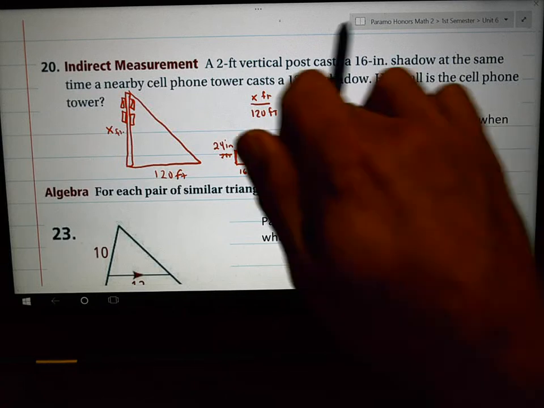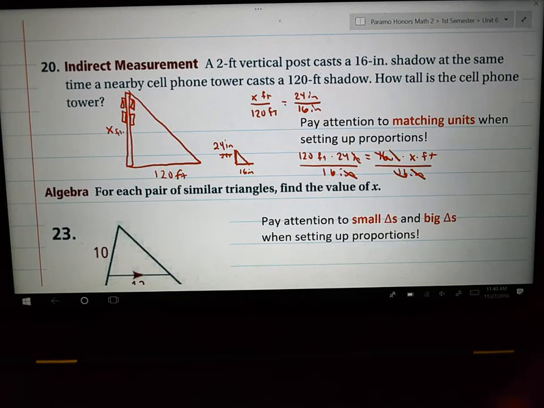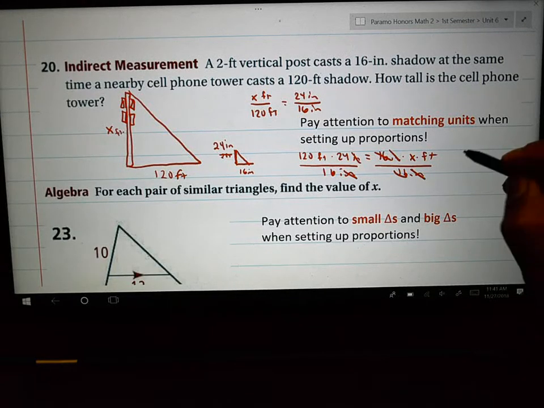So I'm going to do 120 times 24 divided by 16. 120 times 24 divided by 16 comes out to 180 feet.